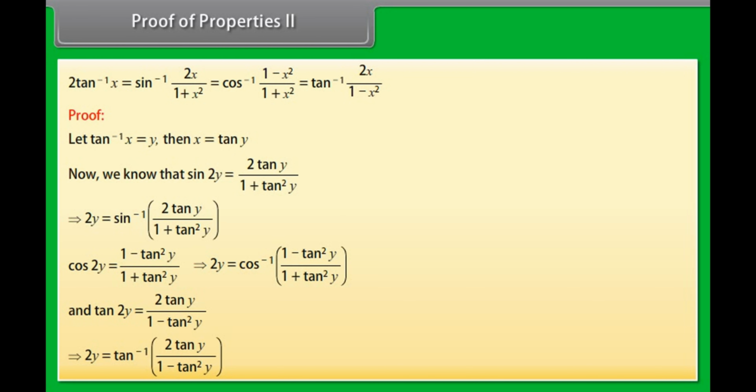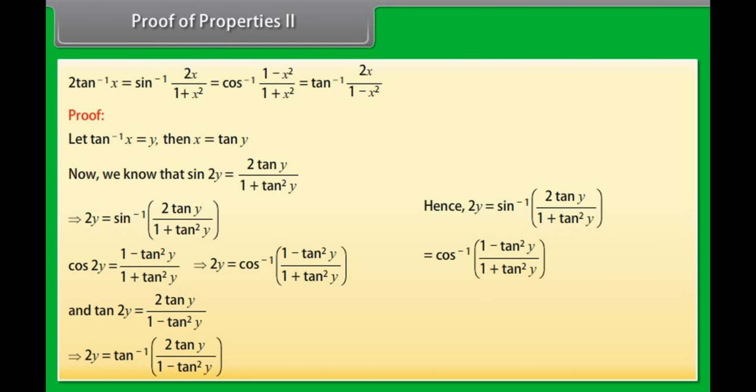It implies that 2y is equal to tan inverse 2 tan y by 1 minus tan square y. Hence, 2y is equal to sin inverse 2 tan y by 1 plus tan square y, which is equal to cos inverse 1 minus tan square y by 1 plus tan square y, which is equal to tan inverse 2 tan y by 1 minus tan square y.